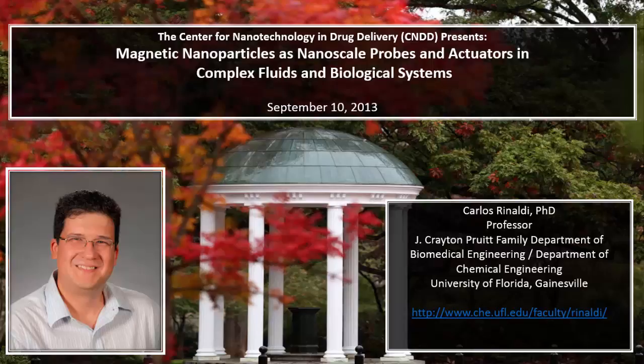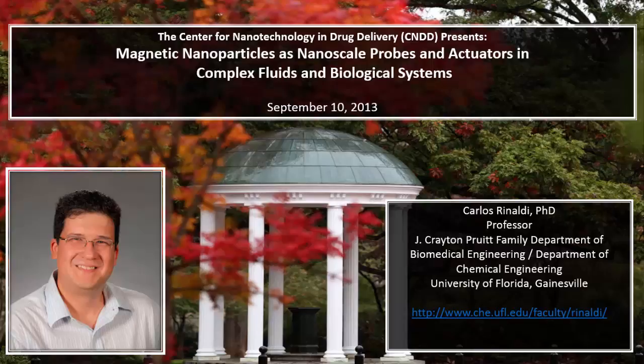So a lot of work in this field has been focused on changing the material so that we can tune the domain magnetization to make the particles more effective, or changing the diameter so we can increase the rate of energy dissipation. Now, when you change the diameter, you also change the relaxation times. And if you have a competition between two processes in parallel, the fastest process is going to dominate.